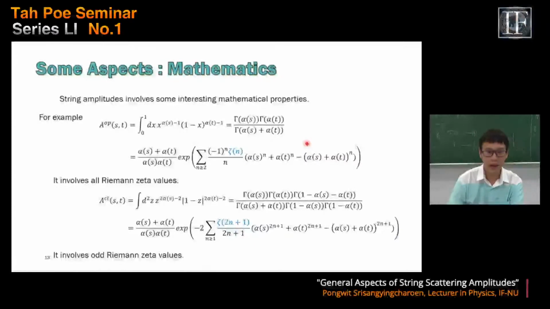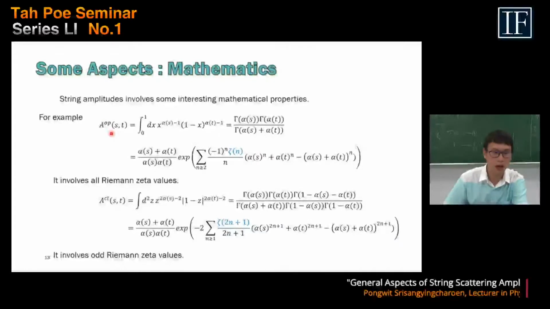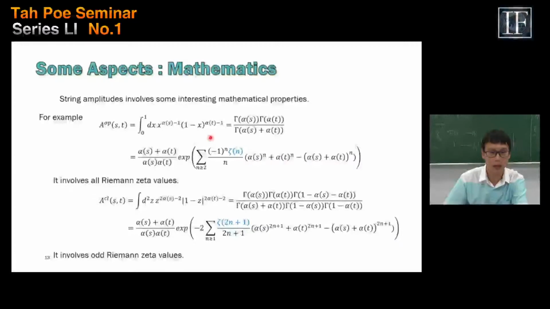I will provide you just a basic example of it, which is the Veneziano amplitude and the Virasoro-Shapiro amplitude. The Veneziano amplitude is basically the 4-string scattering at tree level, which is the beta function here.